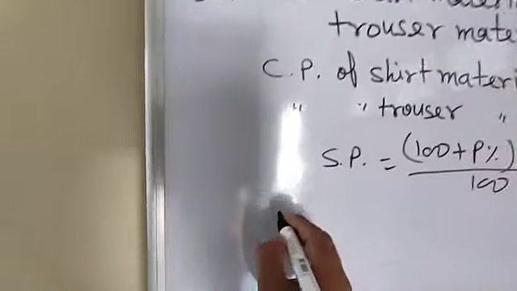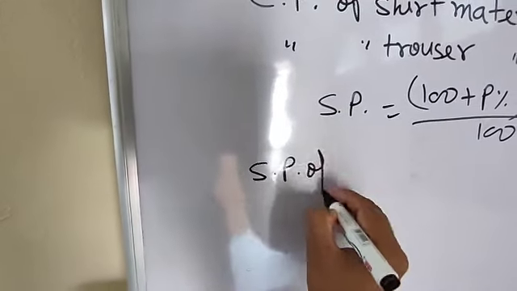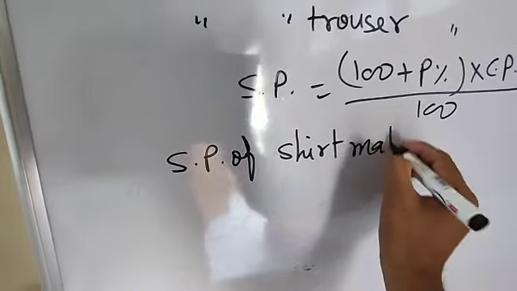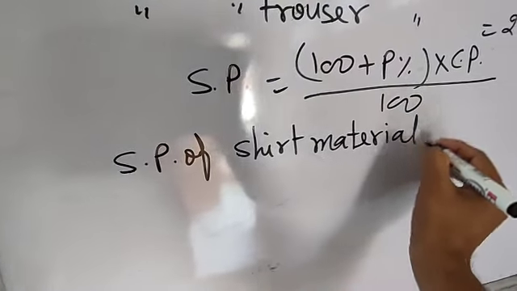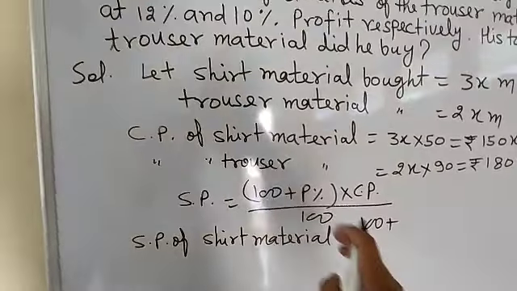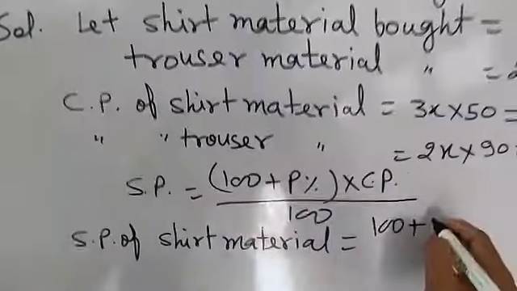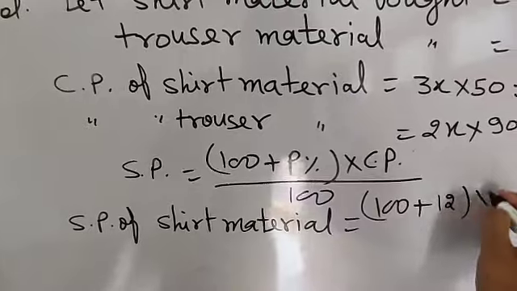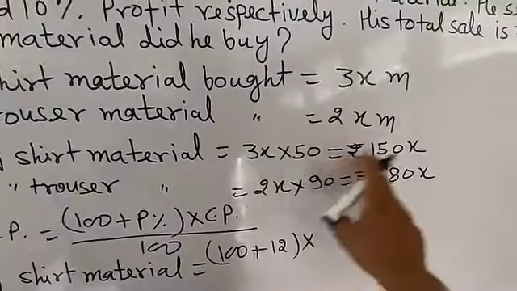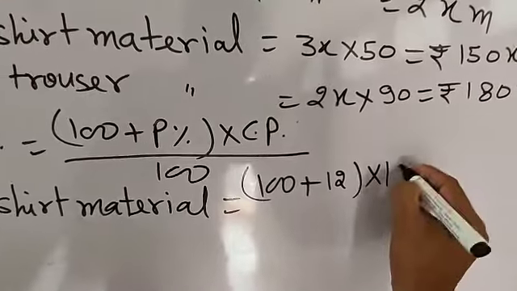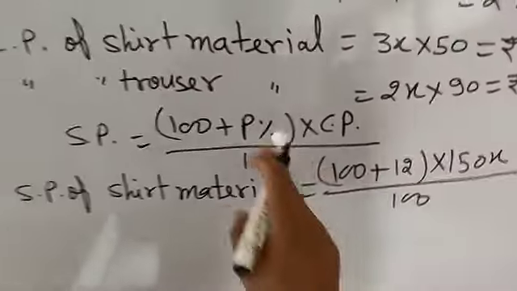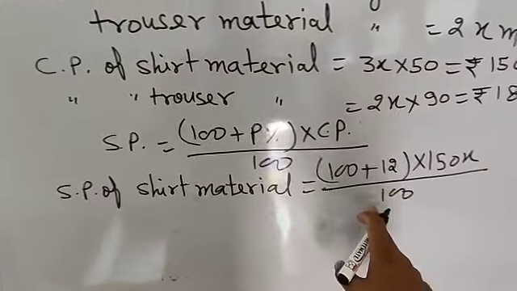So the selling price of shirt material equals 100 plus profit percent, which for the shirt is 12, so (100 plus 12) into CP of the shirt material, which is 150x, upon 100.